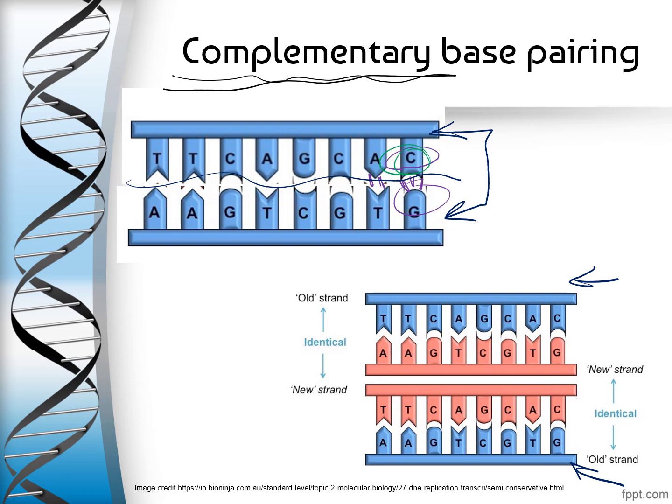I had a C. Here's that C. We're going to use complementary base pairing to add a G. On the other side of this guy, we had that original guanine. Here's that original guanine. We're going to add the complementary base pair, the cytosine, here. Notice that that results in 2 strands of DNA that each have the same sequence of DNA as the original strand. Complementary base pairing allows us to make this happen.